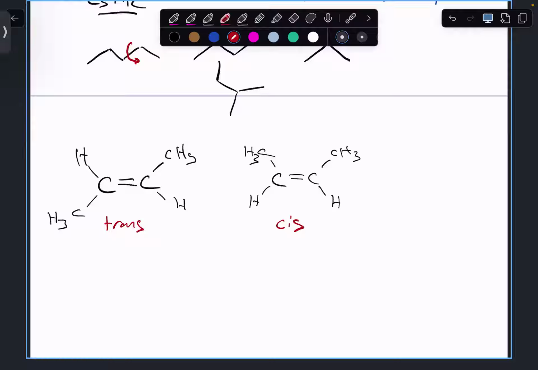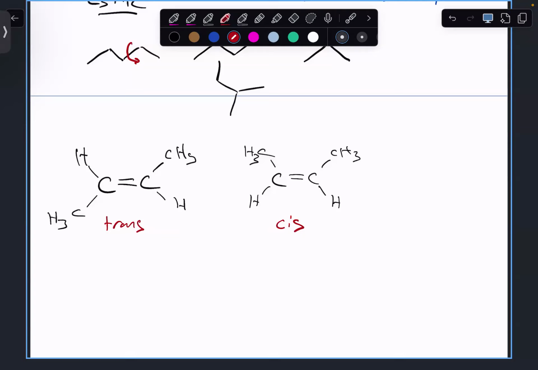Anyway, same molecular formula. They have the same connection of atoms. CH3, CH, CH, CH3. CH3, CH, CH, CH3. The same connection of atoms. They just have a different three-dimensional shape or different spatial arrangement. That is a stereoisomer.